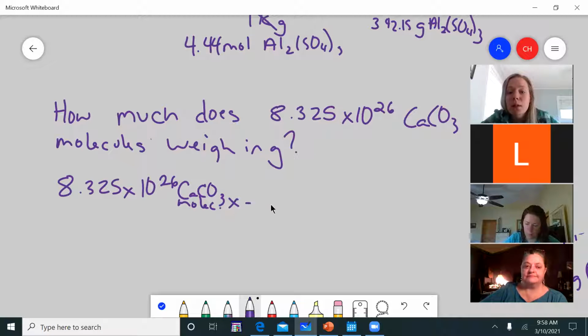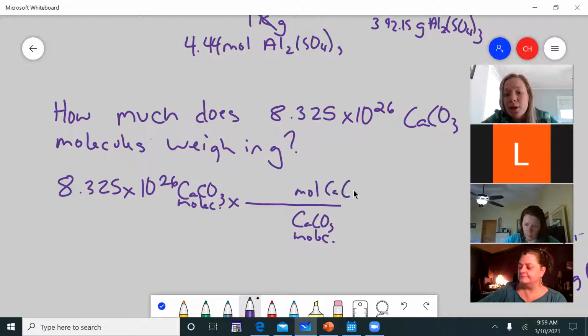I want to get rid of molecules, so the CaCO3 molecule is going to go on the bottom, and I want to get into moles. Yes, at the end of the day, I want to get into grams, but first I need to get into moles. So how do these relate to each other? Well, remember, 1 mole of anything is equal to 6.022 times 10 to the 23rd individual particles. That's Avogadro's number.